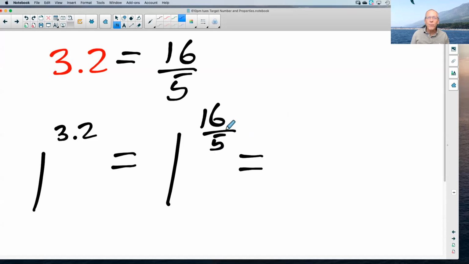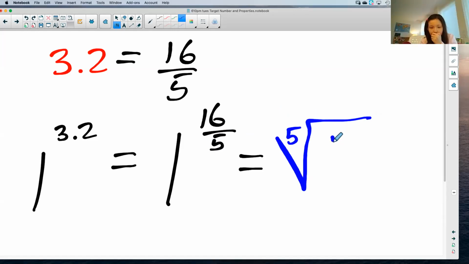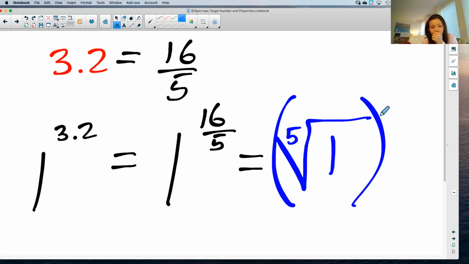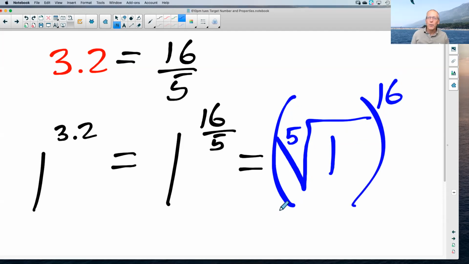This 5 represents the root. 16 represents the power. Can you please take the 5th root of 1 and hold it in your mind for just a second?